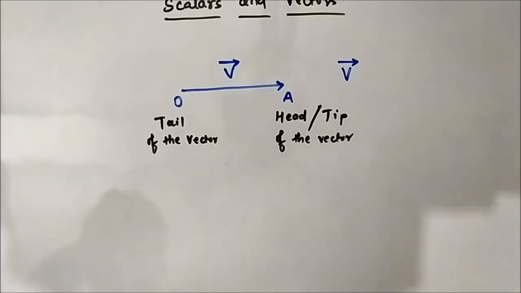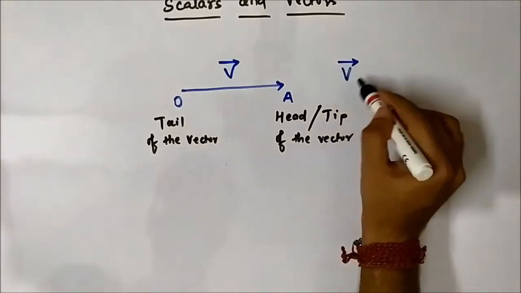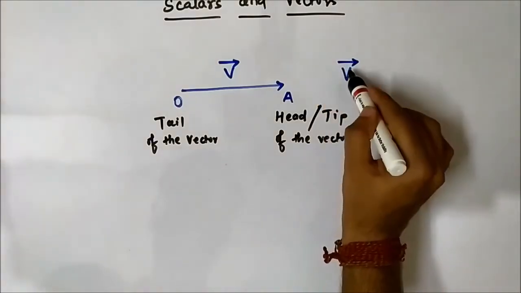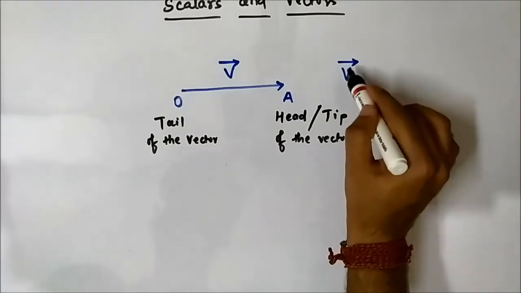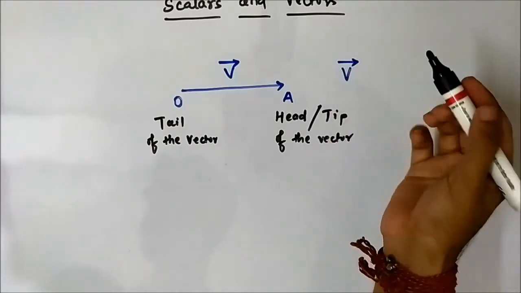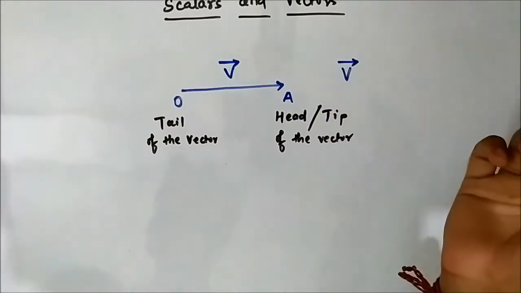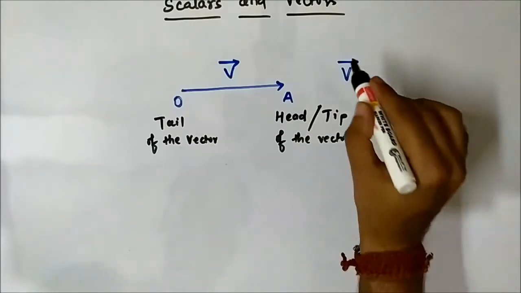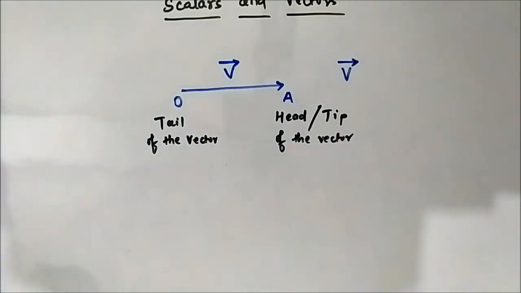So as I said, whenever we represent a vector quantity, we do it by denoting the symbol first, whatever v or any letter, and then we place the arrowhead on top of it.